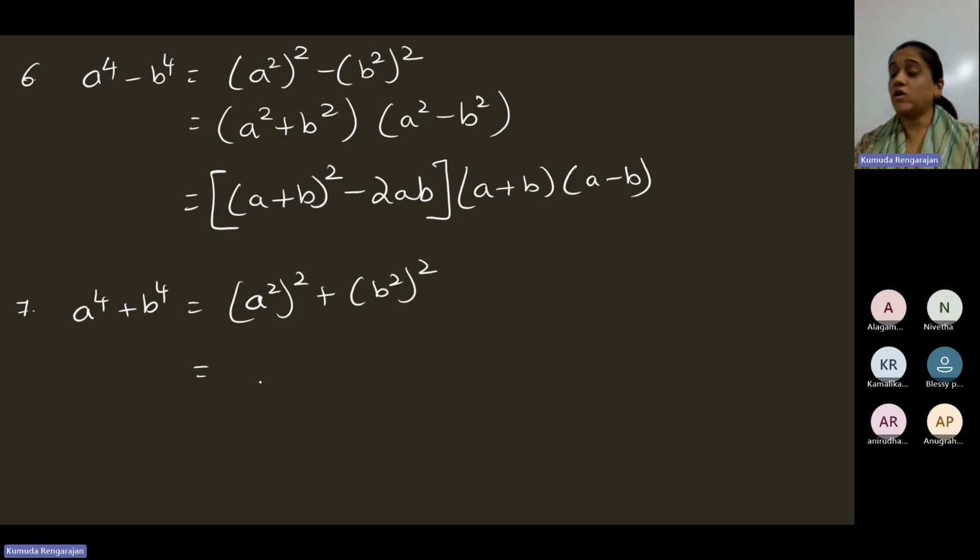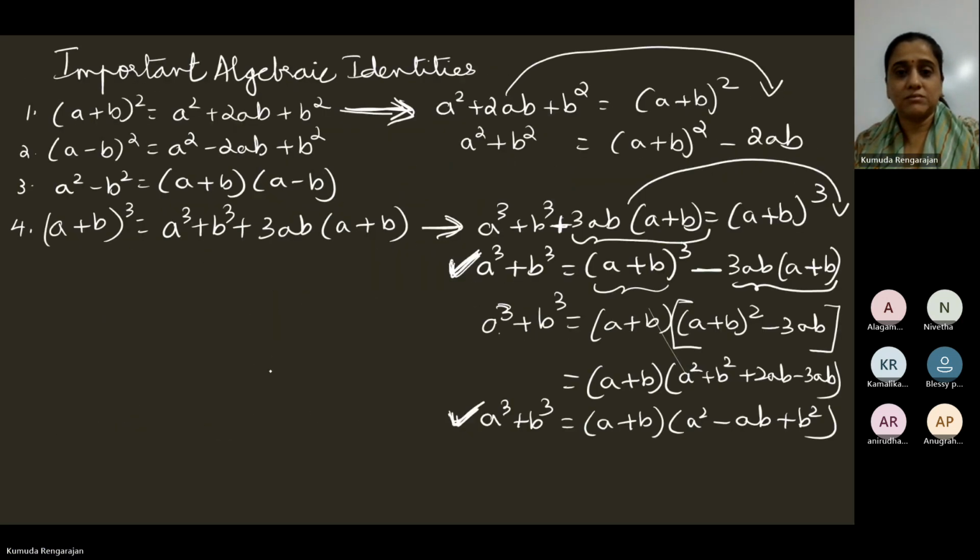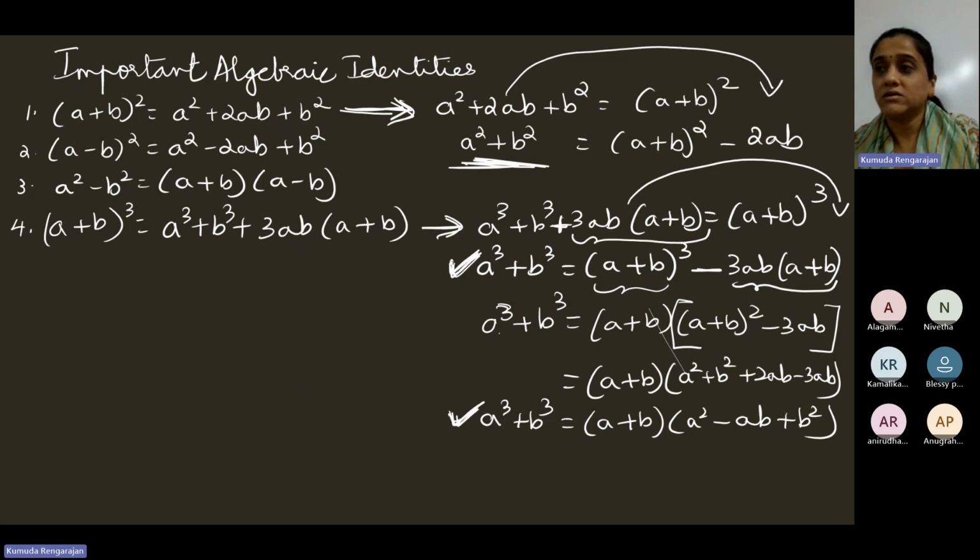So now this is of the form x squared plus y squared, like squares connected by a plus sign, sum of two squares.